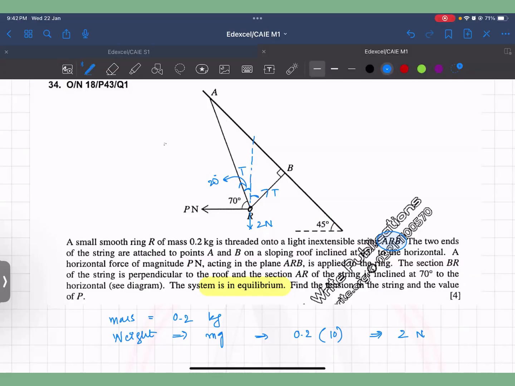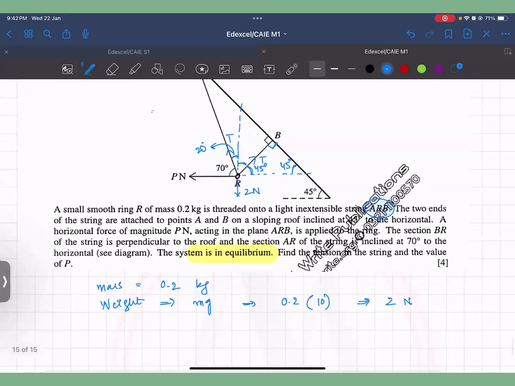So this would also be equal to 45, isn't it? Because of the F property, corresponding angles. And if this is 45, this is 90, so this comes out to be 45 as well.